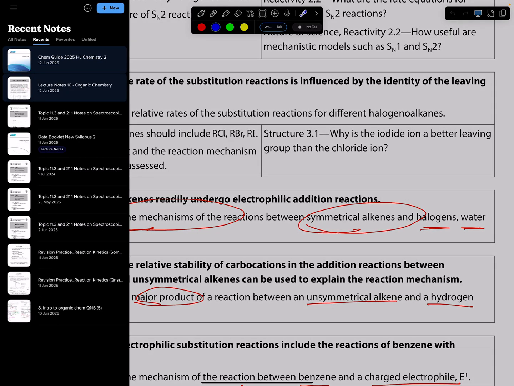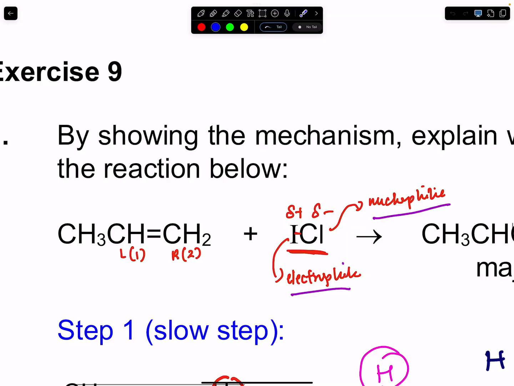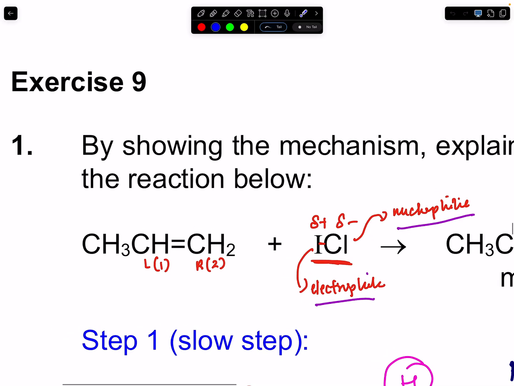So, this is an asymmetrical alkene and this is a halide. So what you can do is to do it quickly, guys. This is a carbon-carbon double bond. The doubly bonded carbon on the left has only 1 hydrogen directly bonded to it. The doubly bonded carbon on the right has 2 hydrogen atoms directly bonded to it. Are you able to see that?